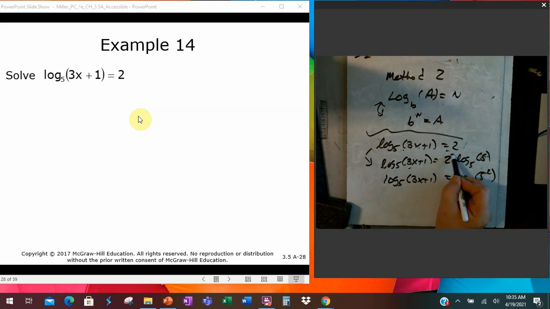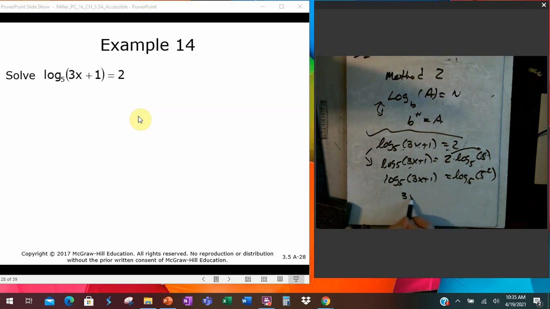But this goes up here as an exponent, and then 3x plus 1 is equal to 5 squared, which is 25. And then again, x was equal to what? 24 divided by 3, that was 8.